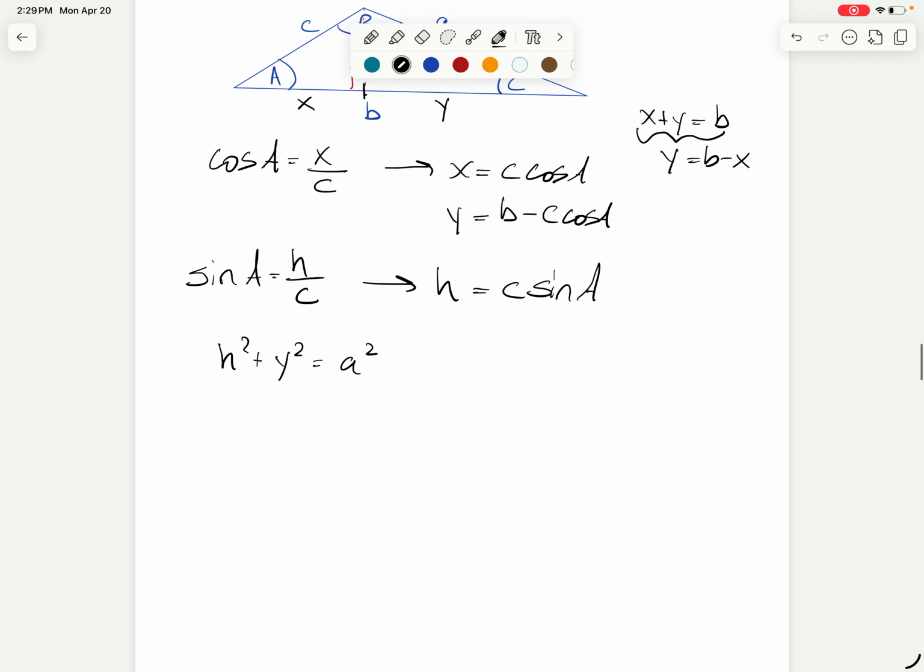Now for h, I'm just going to plug in. I've got y and I've got h in terms of these other things, so I'm going to plug them in. And so h is c sine of A, and that's all squared, so we'll say c squared sine squared A, plus y is b minus c cosine of A, all squared, and this equals a squared.